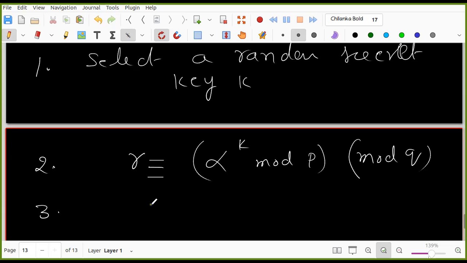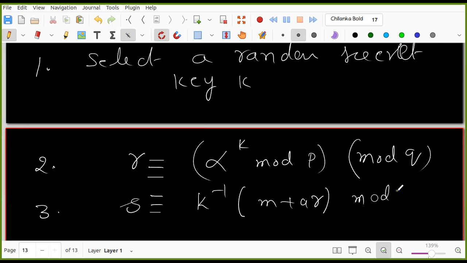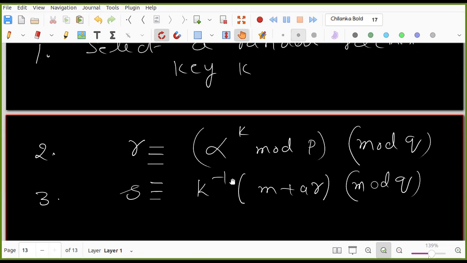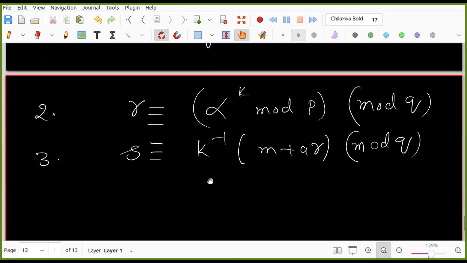Actually, this is the signature scheme people are using. S equals k inverse times (m plus AR). This is similar to the ElGamal signature scheme. It was explained earlier for elliptic curves; I explained the general case.